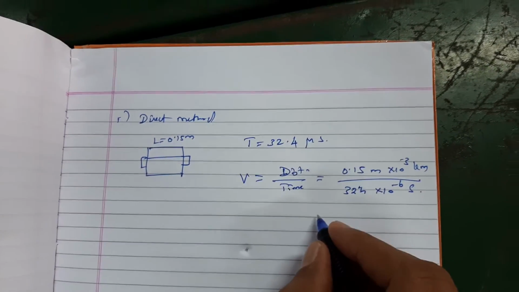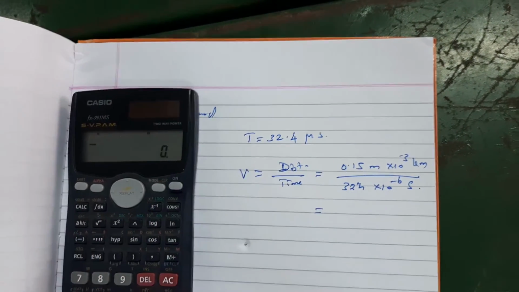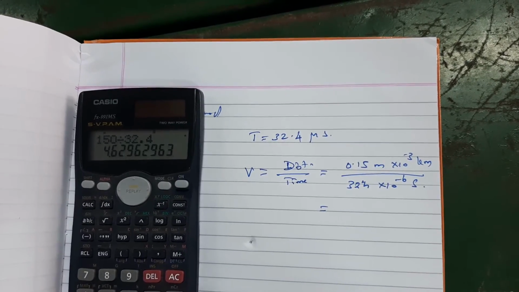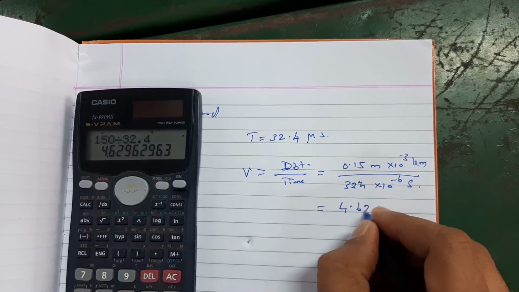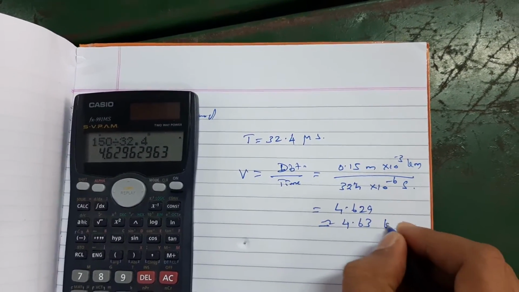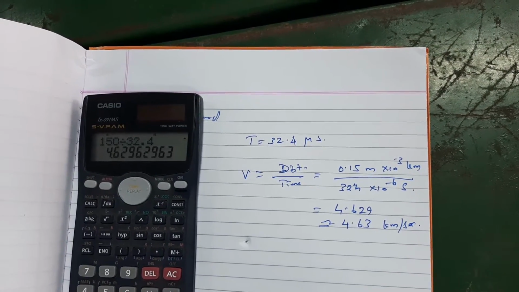If you simplify this, you can see the 2 will get cancelled. 1 by 32.4 gives approximately 4.63 kilometer per second.